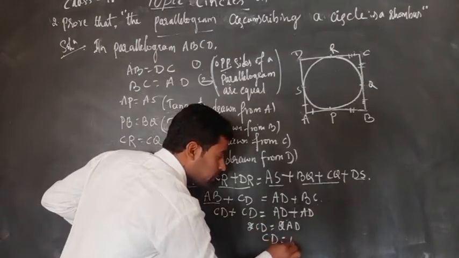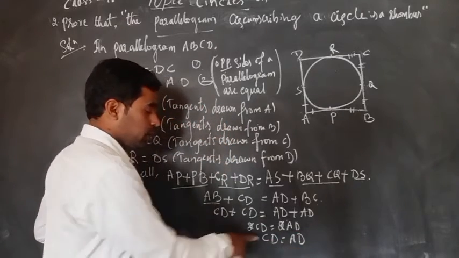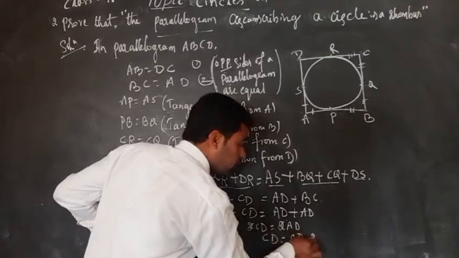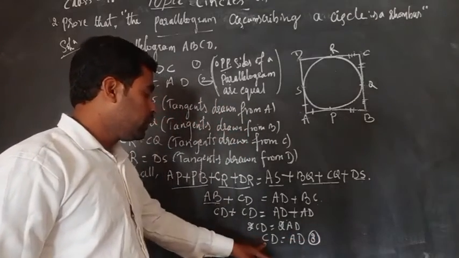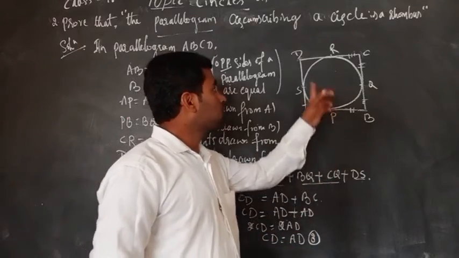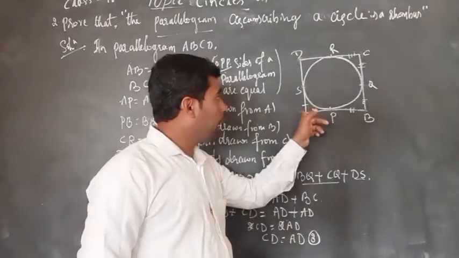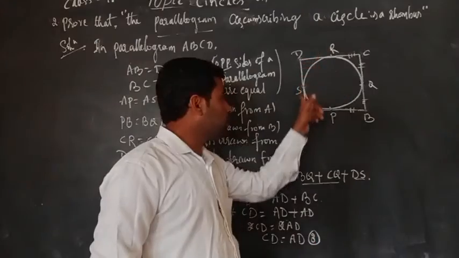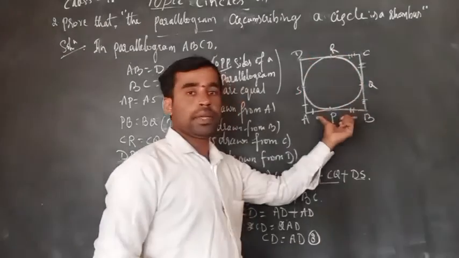Therefore CD is equal to AD. Is it clear? CD is equal to AD, equation number 3. So AD is equal to CD and CD is equal to AD.